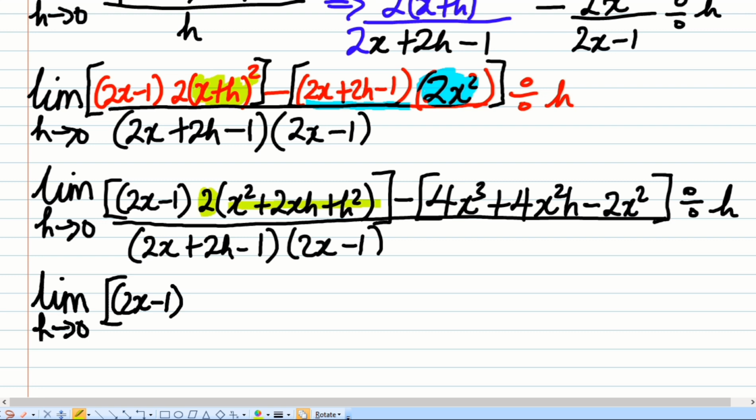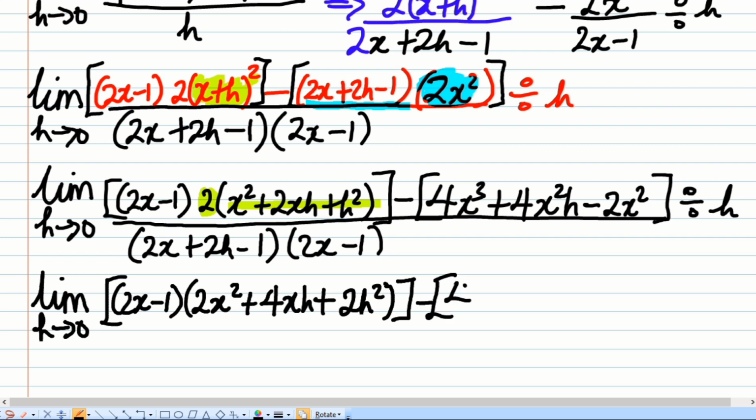Okay, so let's do that. What are we going to have? So 2 times x squared is 2x squared. Now let me just put this in a bracket. 2 times 2xh will give you 4xh, and then 2 times h squared will give you 2h squared. Good. Minus the whole of this.